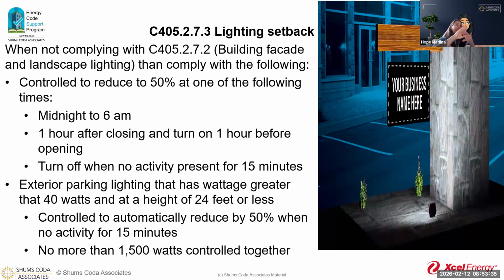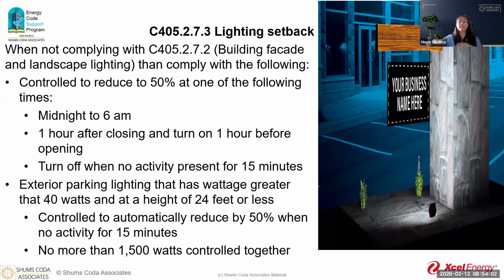Now, there is a separate criteria for our exterior parking lighting. This is for when you have exterior parking lighting that's greater than 40 watts, but has a height that's 24 feet or less. I'm sure we've all seen on a set of plans where it calls out that the lighting pole will be 20 feet or 22 feet.